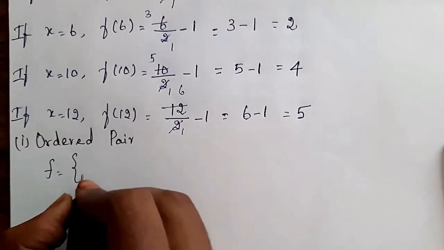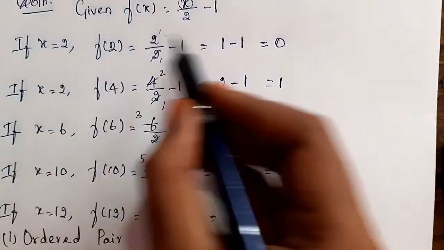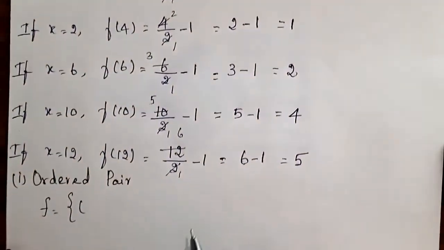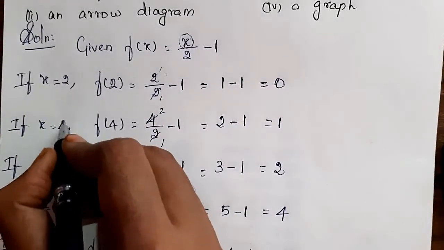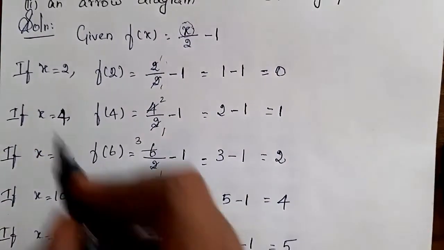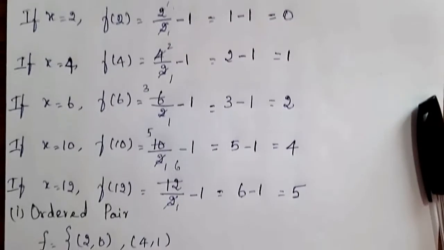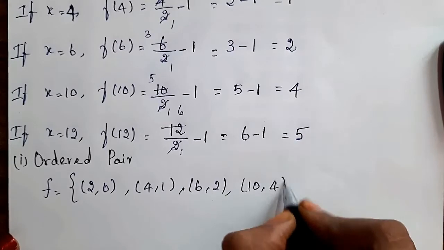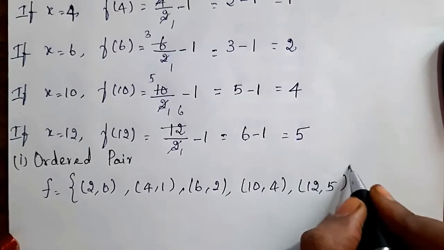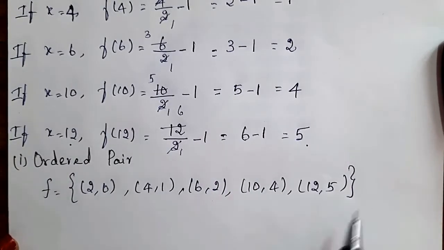F equal to the set of all: 2 comma 0, so 4 comma 1, then 6 comma 2, 10 comma 4, then 12 comma 5. This is the ordered pair. I write the x value and the corresponding f of x value. Okay, this is the ordered pair.